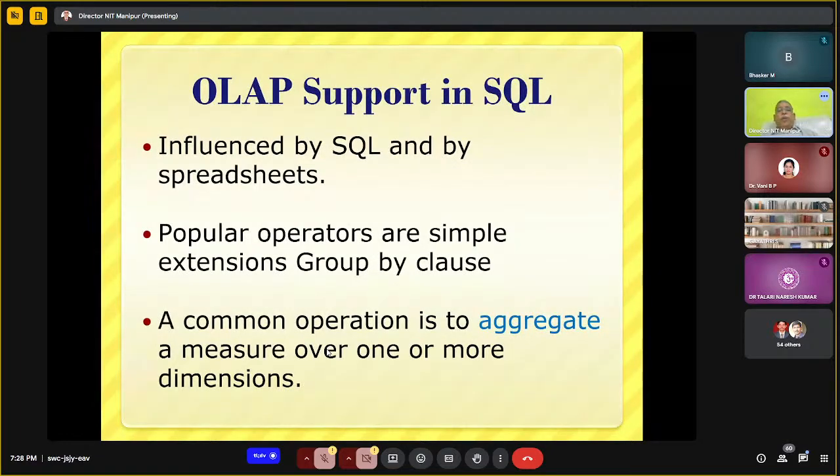Then popular operators are very simple extensions of the group by clause. In SQL, there is a clause called group by. Here I will explain what the group by clause is. Suppose we take participants data, a simple example. I have taken all your participant data. Different participants are there in my database.